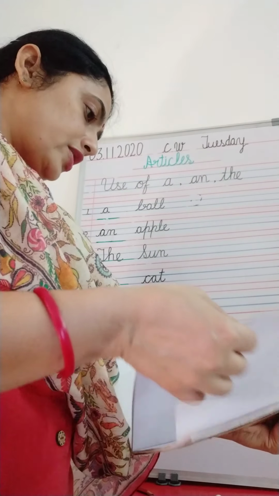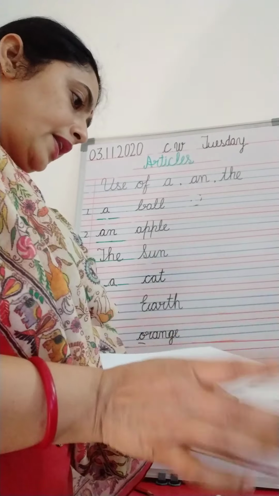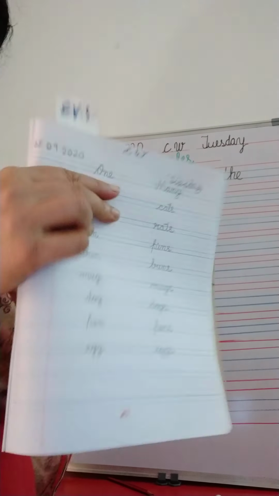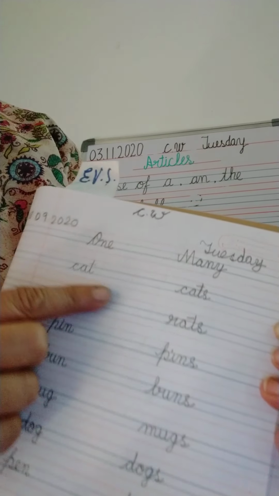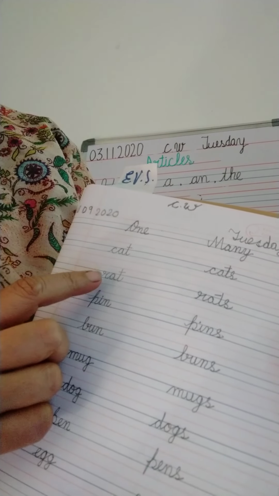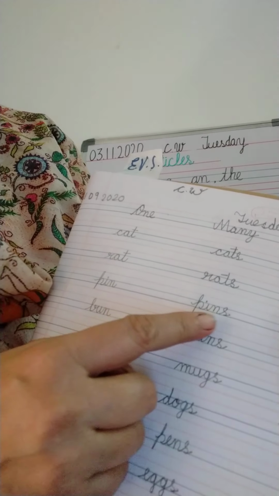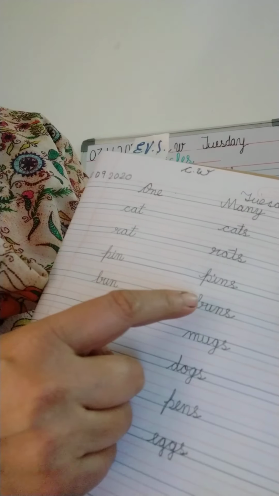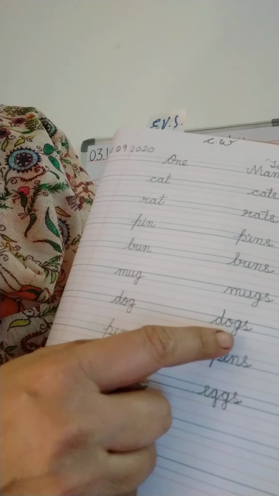Okay, and let's revise singular and plural. Yes? Okay, now look here. One cat, but many cats. One rat, but many rats. Pin, pins. Bun, buns. Mug, mugs. Dog, dogs.